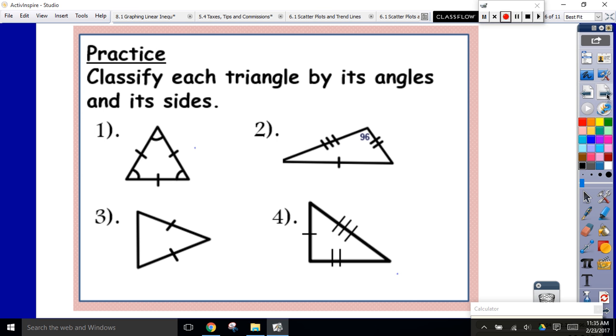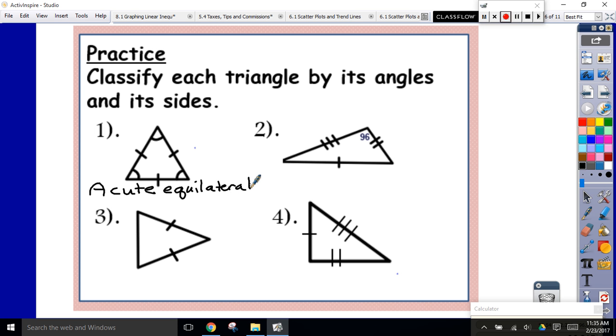Acute. So I'm going to write that it is acute. And if I were to classify it by its sides, Angelina, what would I say it is? Equilateral. So I'm going to call this triangle an acute equilateral triangle. I'm going to use both names.